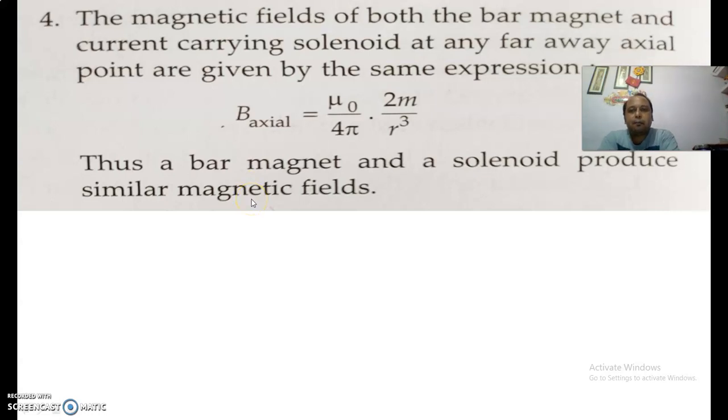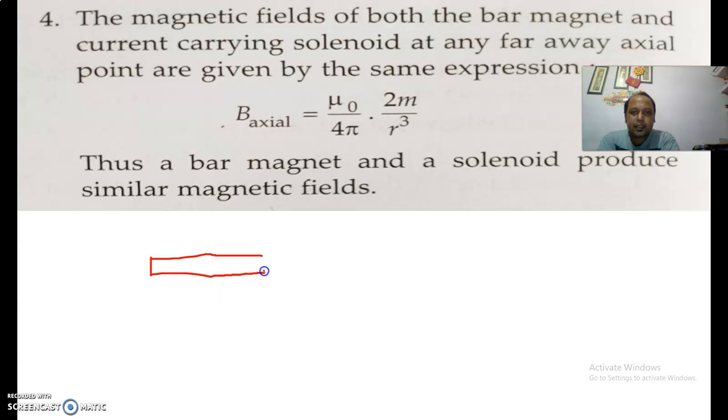when we take a bar magnet and a solenoid, and if we want to find the magnetic field on its axial line, suppose you consider a bar magnet here.